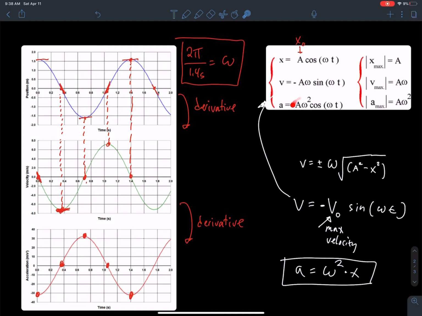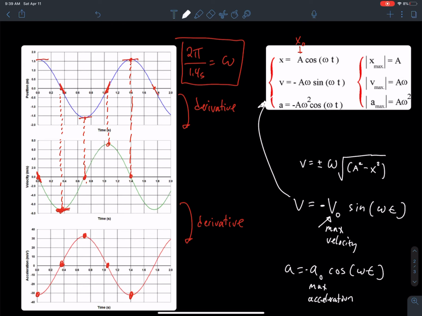So my maximum acceleration times cos omega t is going to be the relationship. If I just erase that, my acceleration is going to be equal to negative max acceleration times cos omega t in that case.